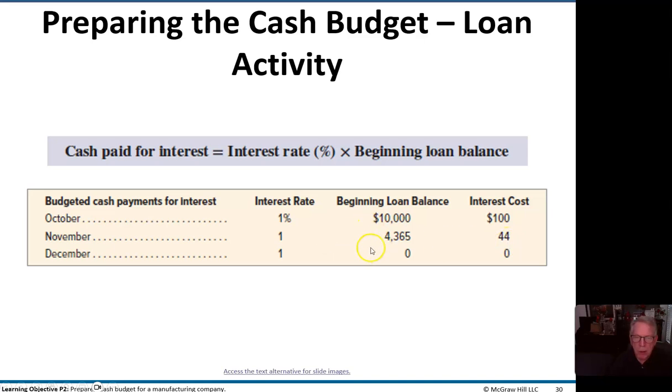But then we paid down a good portion of that, and we have $4,365 left. We take 1% of that. That's our monthly interest rate, which is based on 12% for the year. And our interest cost is a mere $44. Then in December, we don't have any loan balance, so we have no interest expense.